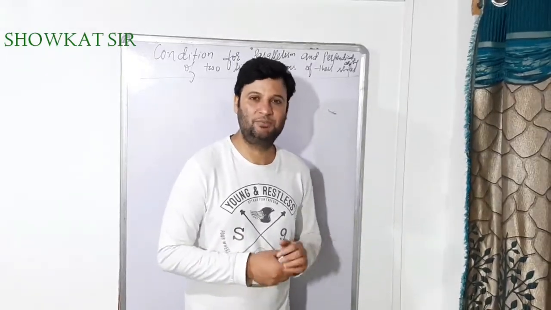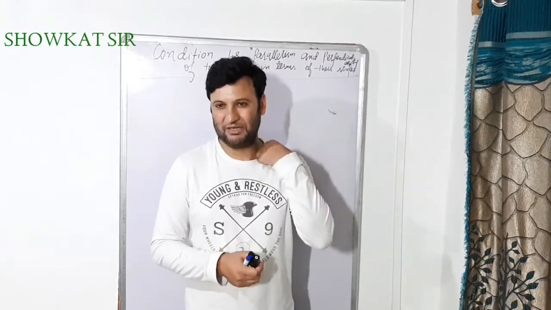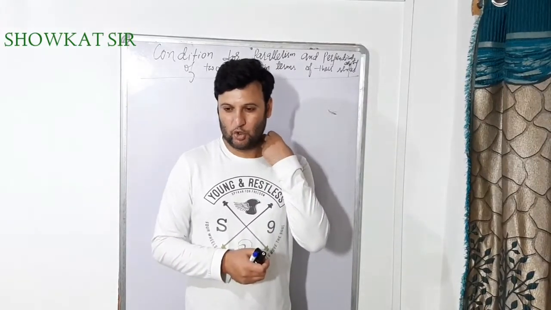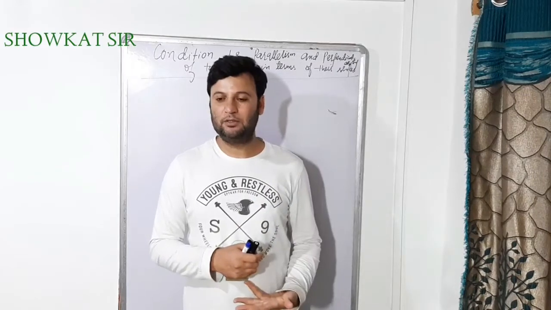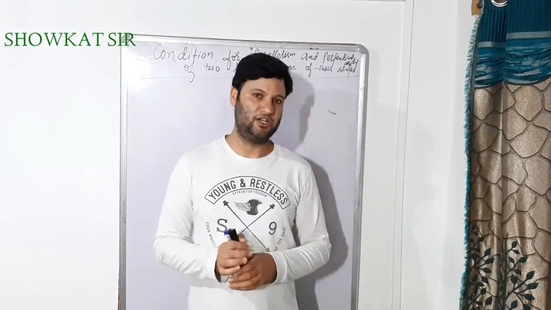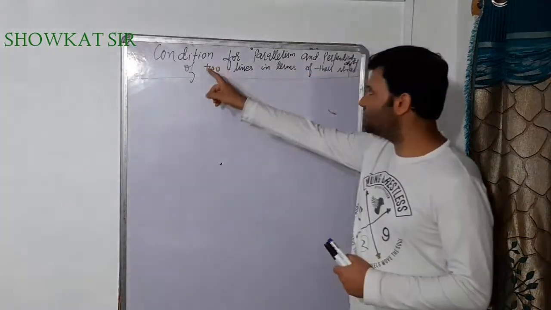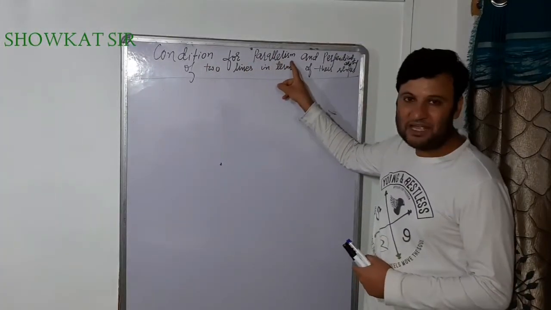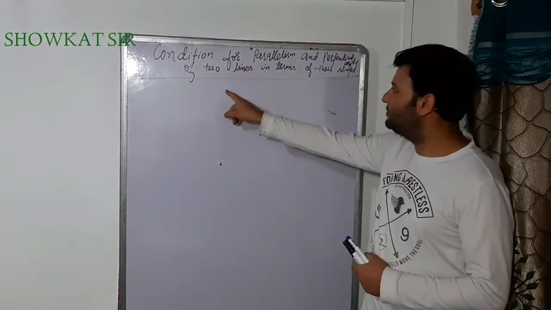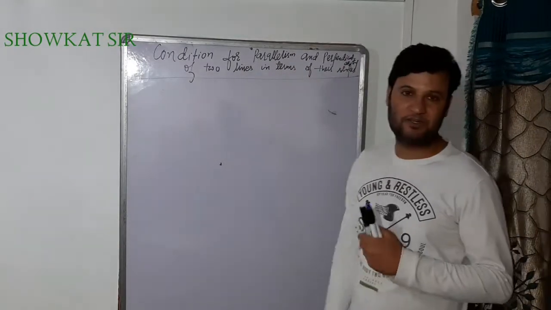Angle of intersection between two non-vertical lines, वो भी हम आज देखेंगे. और उसी के साथ जो ये स्लोप टॉपिक है ये कंप्लीट हो जाएगा, slope of a line. तो पहले हम देखेंगे that is condition for parallelism and perpendicularity of two lines in terms of their slopes.